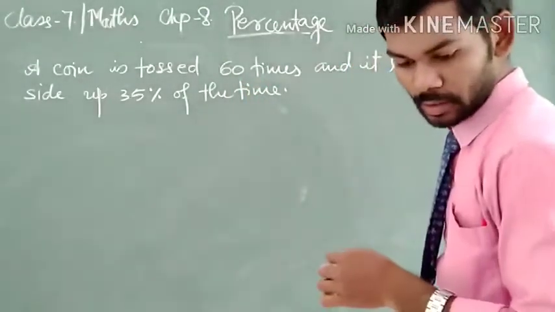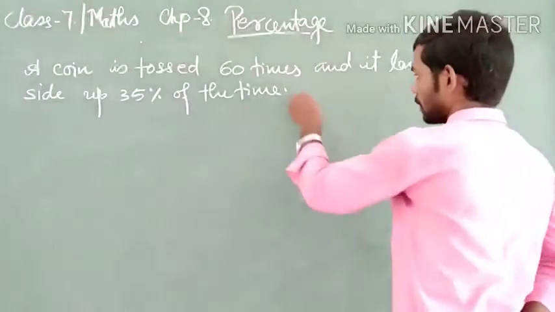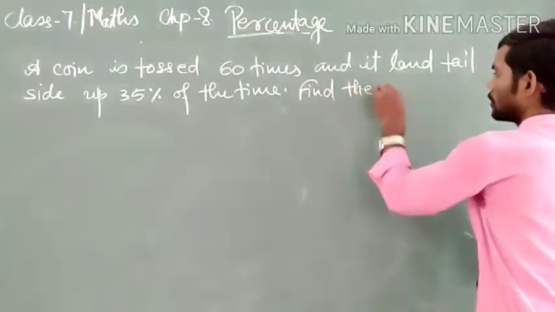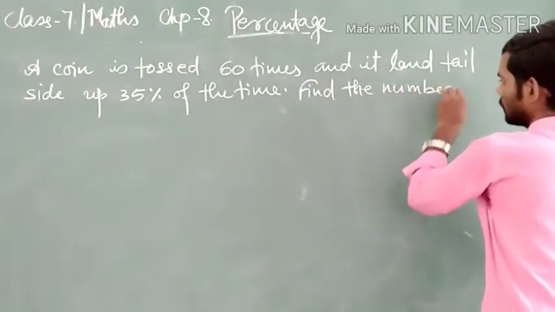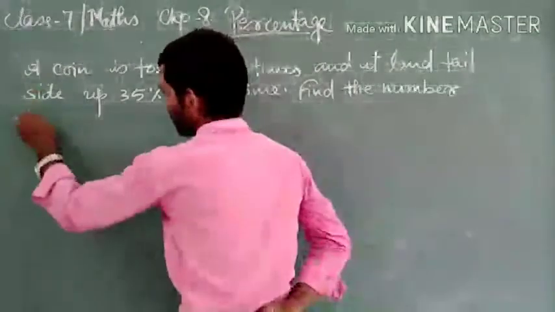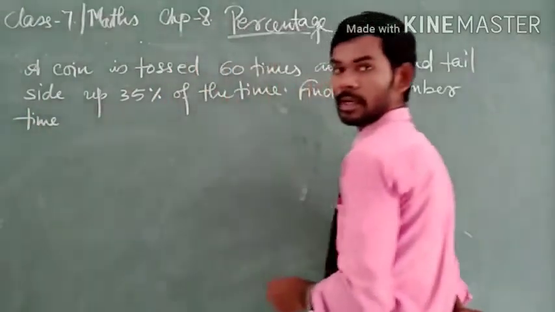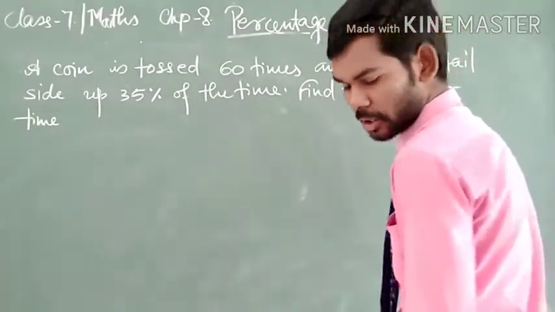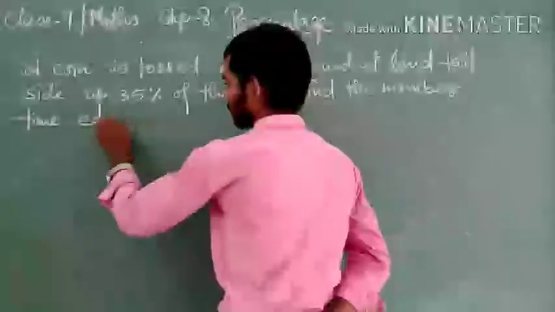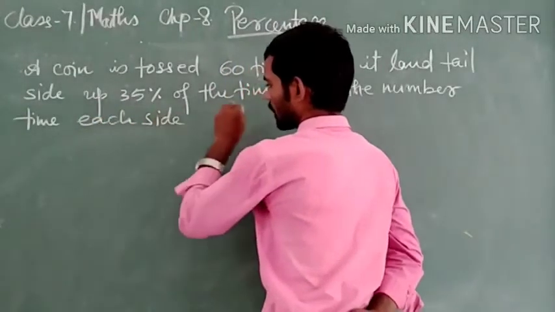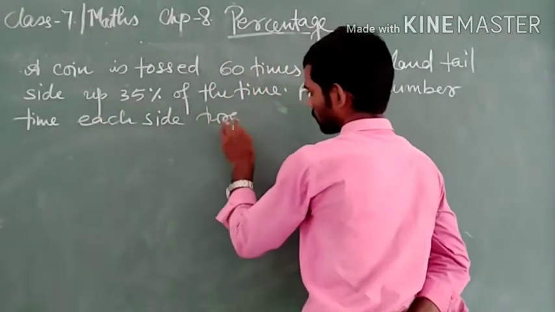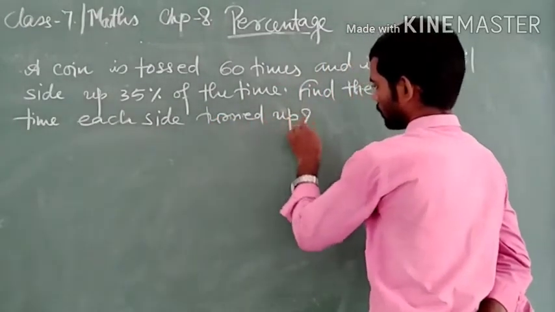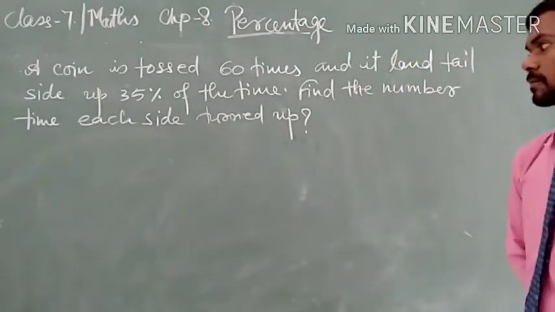Then find the number of times each side turns up. This is the given question. Okay.